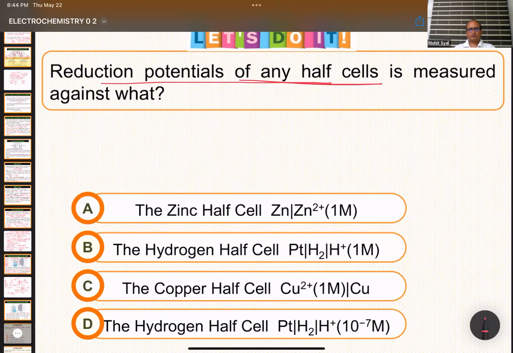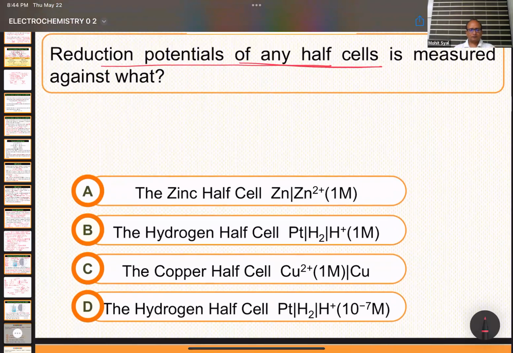Right. So which one is a standard hydrogen electrode? B, hydrogen half cell with one more wire. Why not D? Sorry, I said D. D or B? Aisha, Marwa, can you help me out?